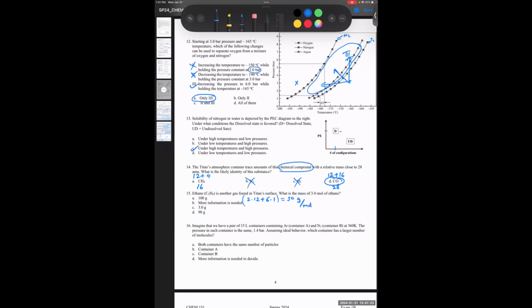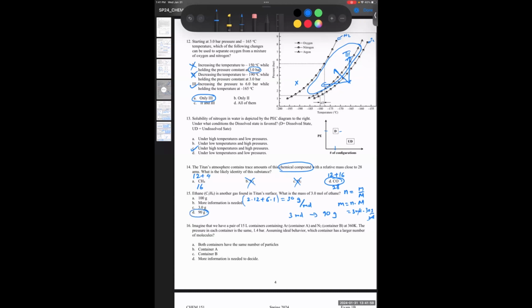So if 1 mole is 30 grams, then 3 moles must be 3 times that, 90 grams. Another way to do this is we know the number of moles is mass divided by the molar mass. Therefore the mass is number of moles times the molar mass. Number of moles is 3 moles. The molar mass is 30 grams per mole. So moles cancel out. 3 times 30 is 90. So option D.